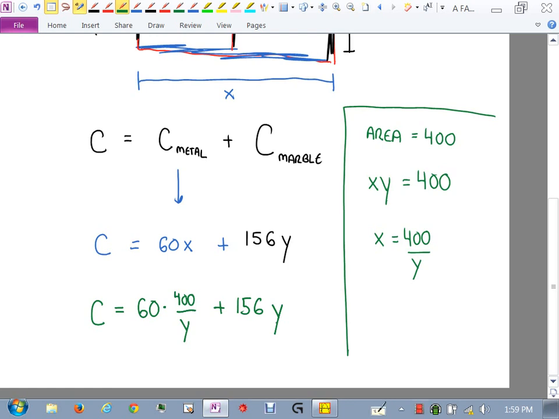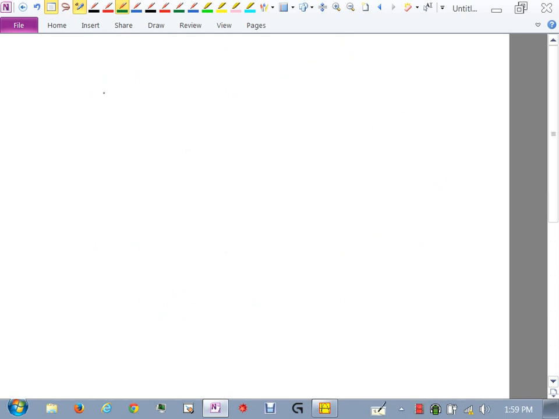Everyone see that? And I'm going to go to my next page, and I'm going to just multiply 60 times 400. That's what? 24,000 over y? So watch the way this is going to look now. My cost is 24,000 over y plus 156y.